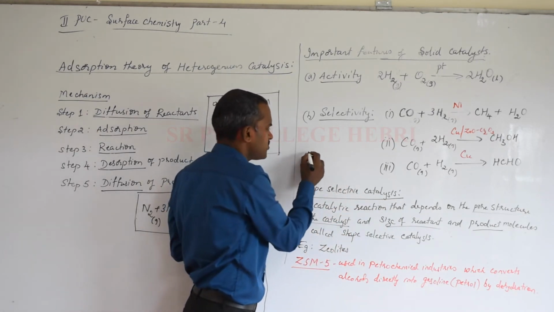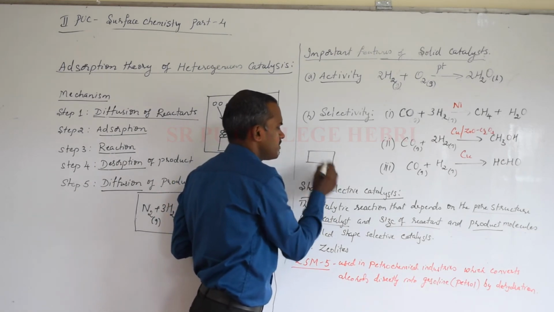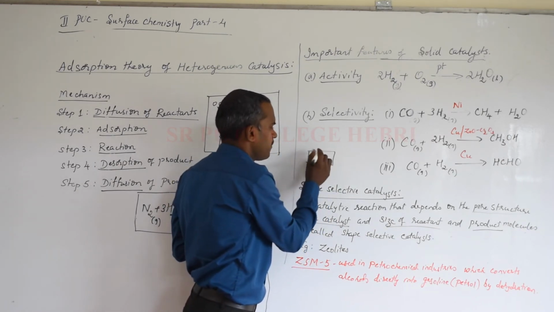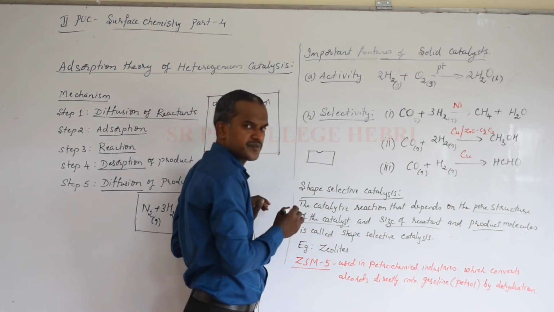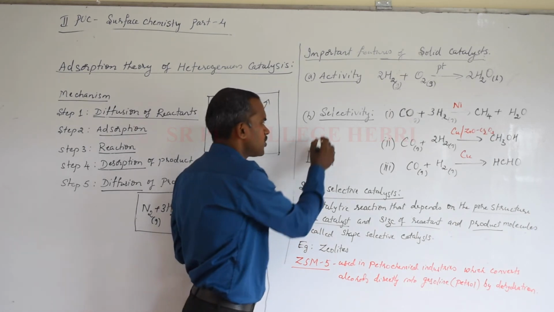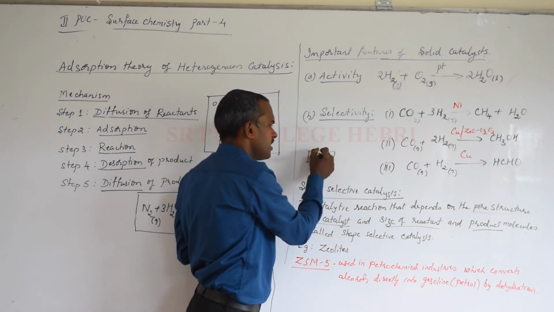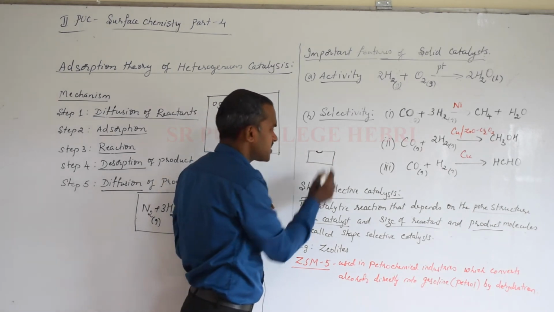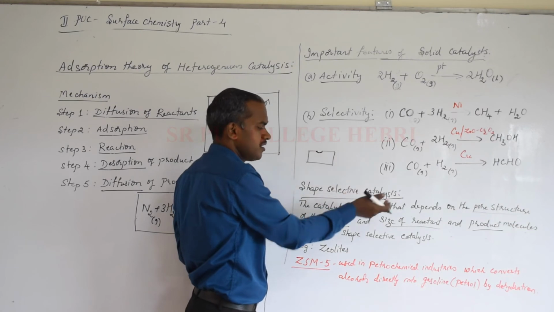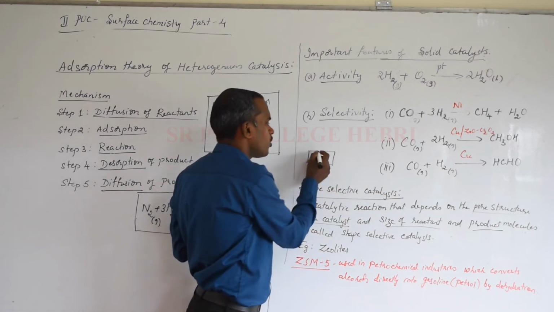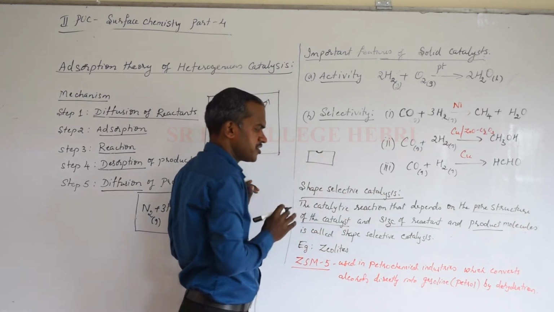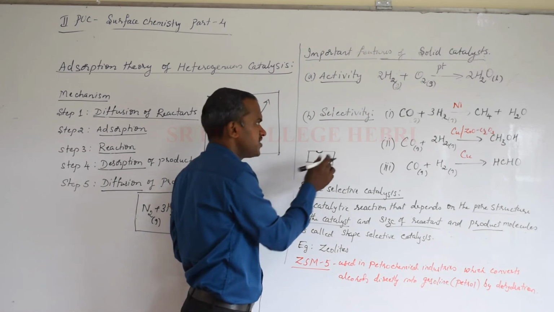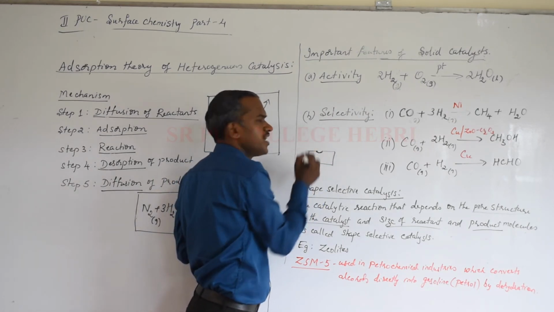Suppose there is a solid here, and it is a catalyst. Now suppose there may be a region like this on the surface of the solid catalyst. If some other substance is to bind, it depends on the shape of the pore, the size of the reactant molecules, or a product formed later on. So depending on the surface area and how the catalyst is present, that will decide which reactant should combine.